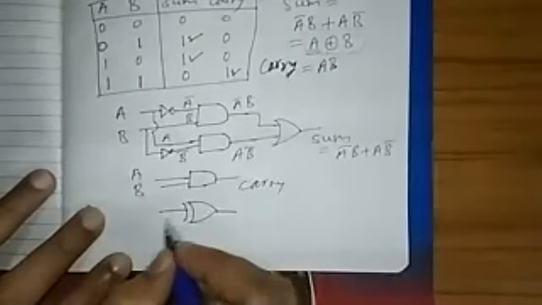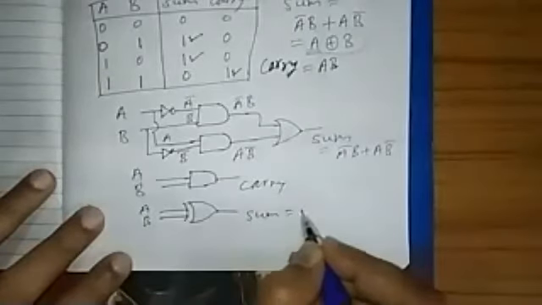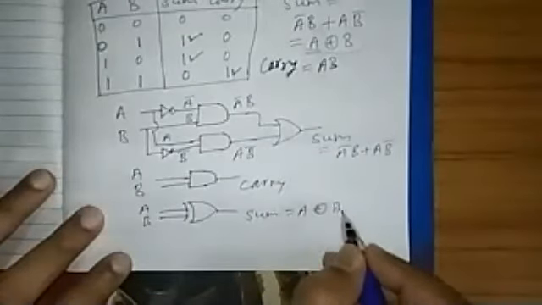This is A, B and this is the sum, A XOR B, and the carry will be an AND gate with inputs A, B, giving the carry.